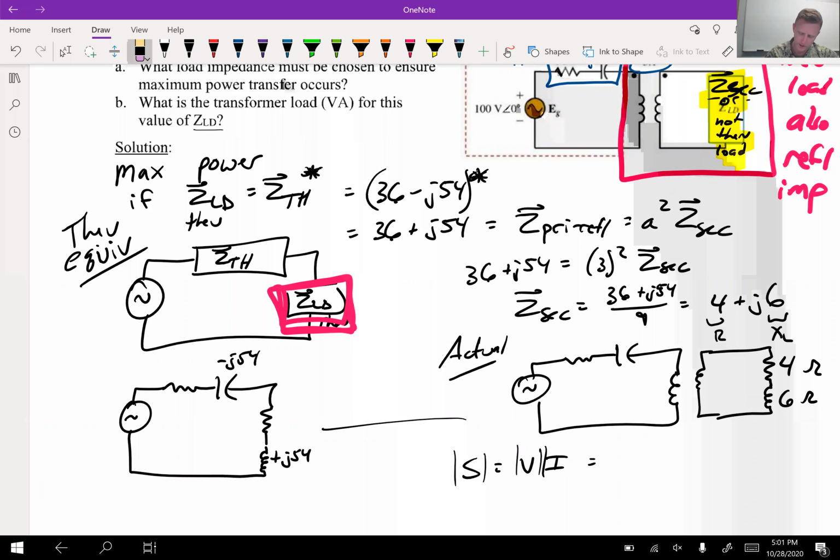I think we'll do it with the complex conjugate as the complex power, because it helps us a little bit more in the long term as we try to solve this.